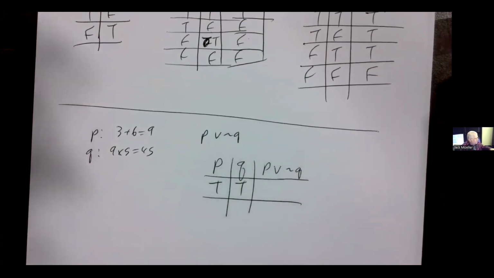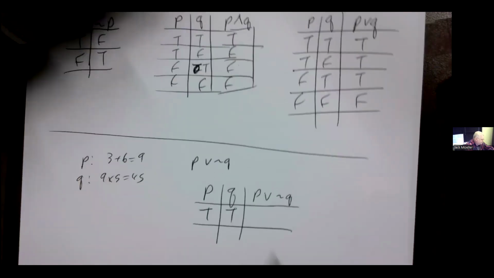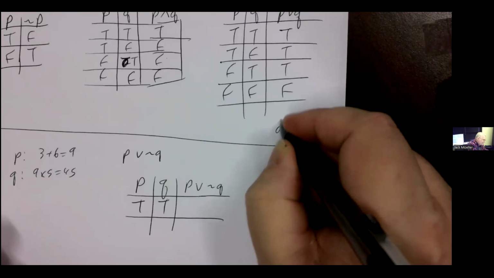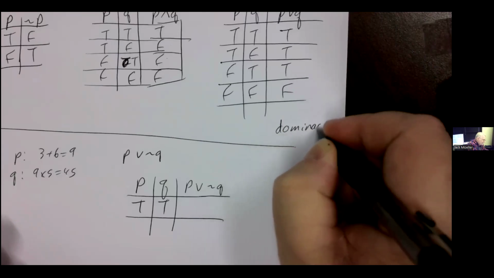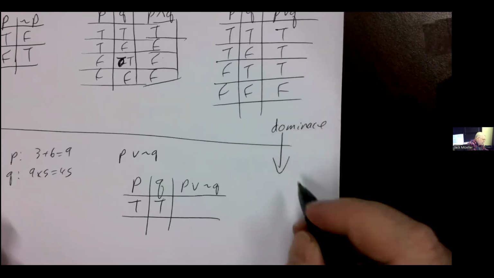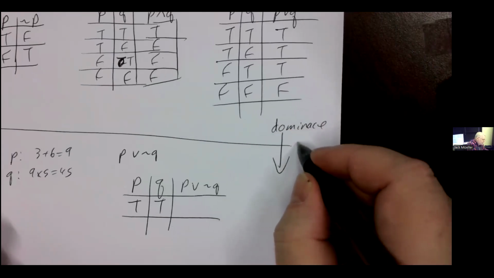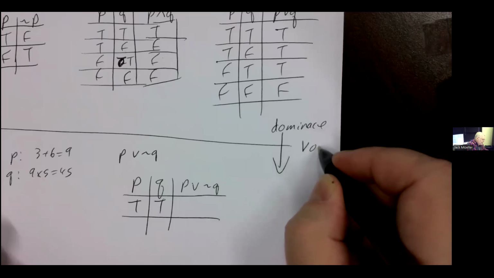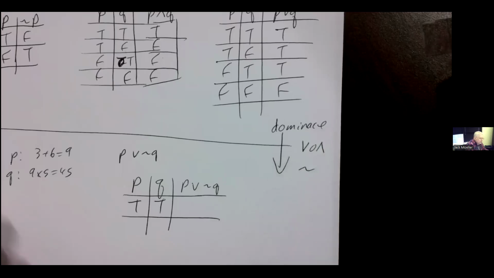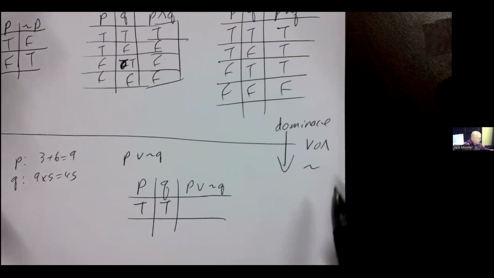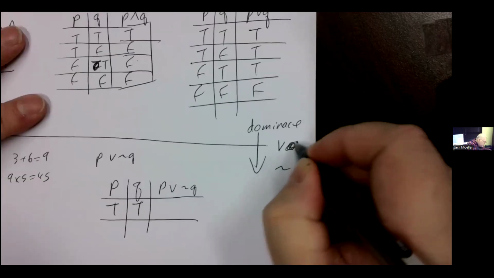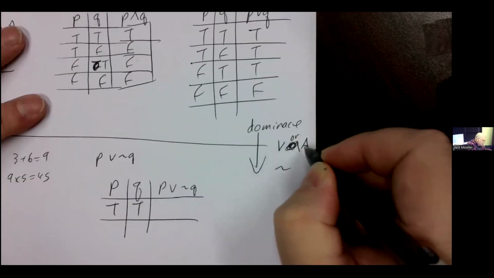This is where you have to know which one to do first. We talked about the dominance, from higher to lower. So it's the OR and then the negation. Remember, we're not doing truth tables for if-thens or if-and-only-ifs. The only thing that overrides this is parentheses.